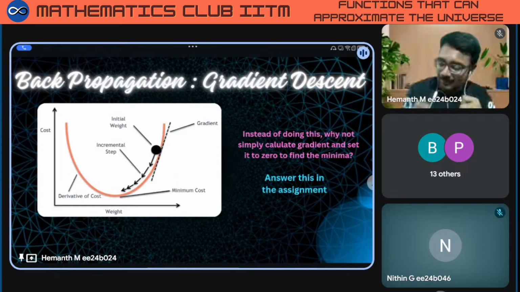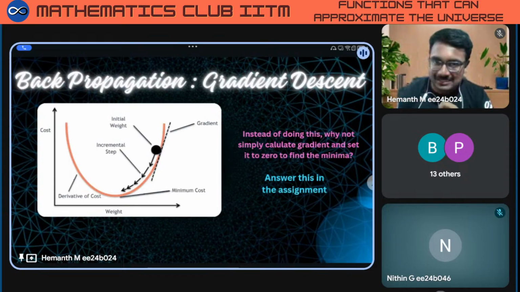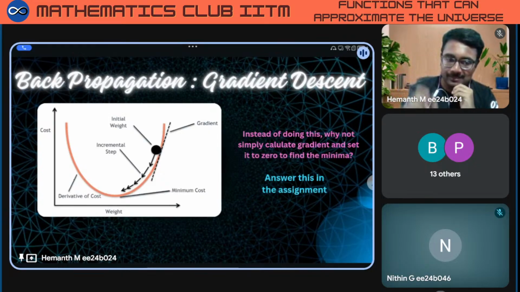As you can see, as we go closer and closer to the minima, the gradient slope becomes closer and closer to zero. So our update step, meaning we update by some scalar times the gradient, becomes closer and closer to zero. Initially I start off by taking large update steps.